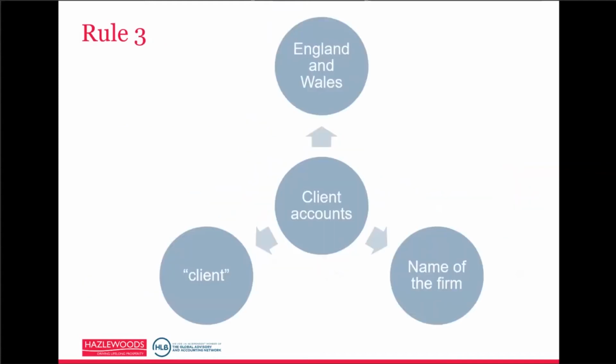Rule 3. Rule 3.1 says you may only maintain a client account at a branch or the head office of a bank or building society located in England and Wales. And 3.2 says you must ensure that the name of any client account includes the name of the authorised body and the word client to distinguish it from any other type of account held or operated by the authorised body.